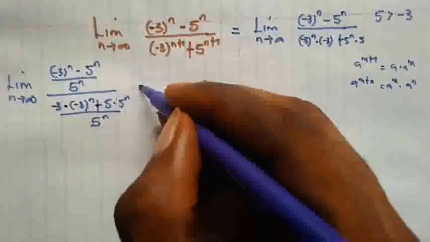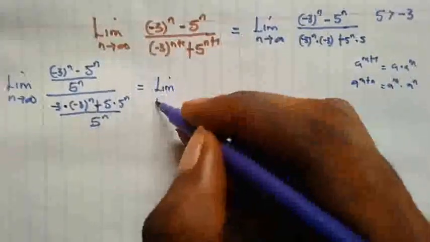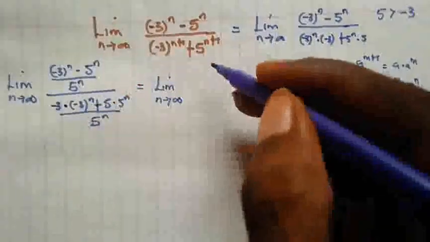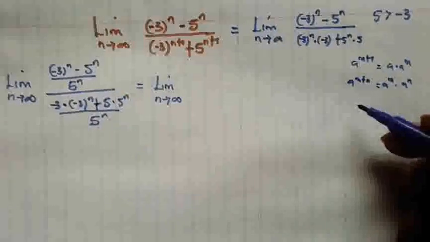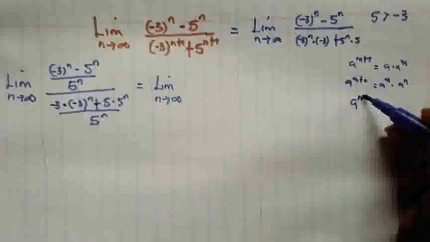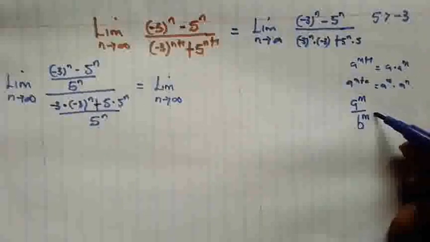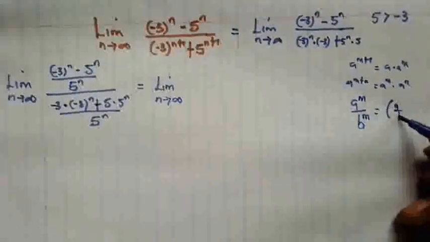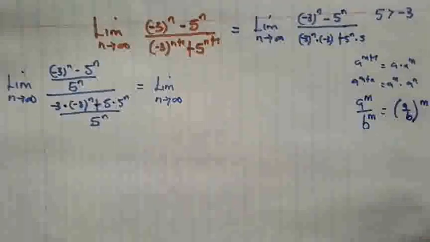Okay, from here I have limit n is approaching infinity. Now we're going to use the following indices law: a^m over b^m is the same as (a over b)^m.